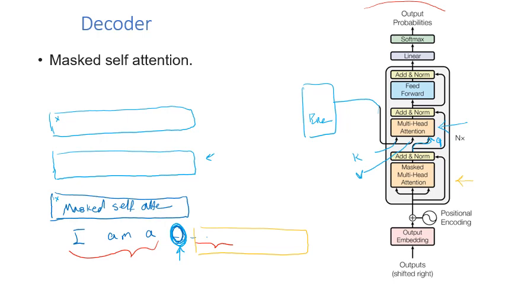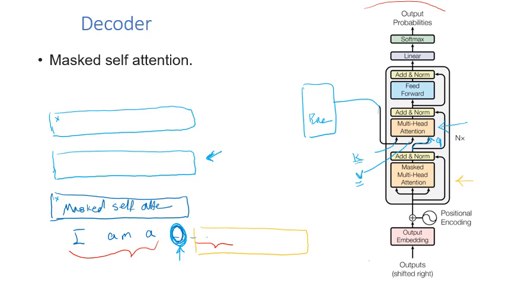My query compares itself with all of the keys that I have from the encoder, finds similarity, applies softmax, makes a weighted sum of those values, and this weighted sum would be the value that my decoder should pay attention to. So basically this is going to be cross-attention, not self-attention, between encoder and decoder. So that's about these new values, right?